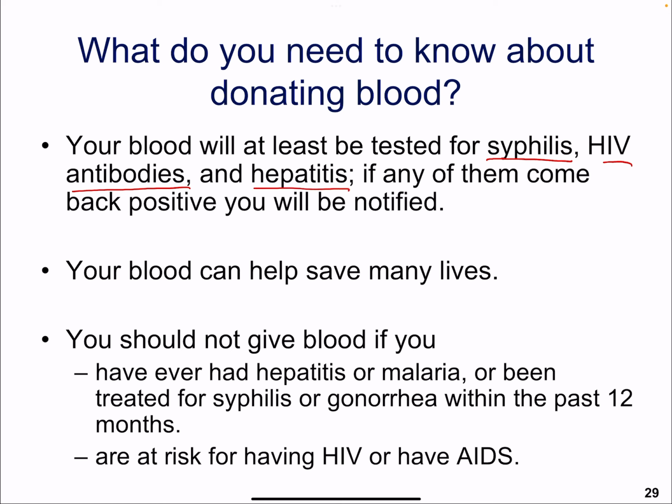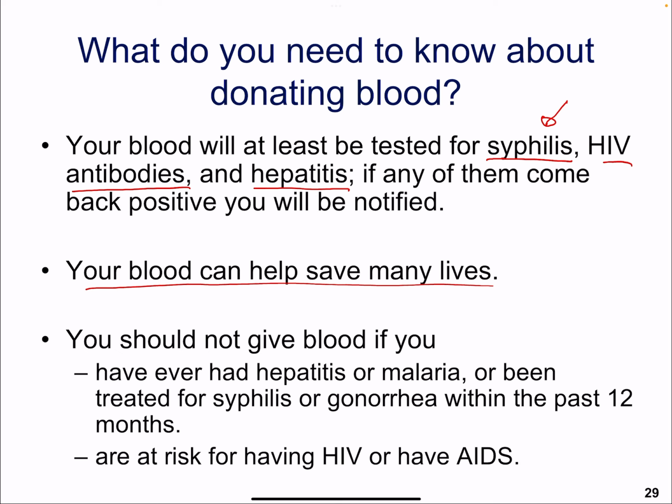Now, upon control of your blood, if, for instance, they notice that there are signs of syphilis, HIV, or hepatitis, you are going to be notified so that you can take further steps for treatment, right? By giving your blood, you can save a bunch of lives.